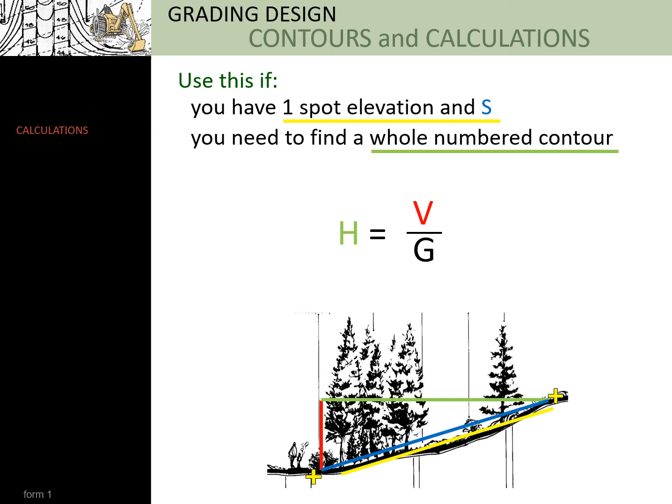Essentially, we know the elevation difference, V, between the known spot and the next whole numbered contour. We know the slope. Then we calculate the H based on V over G, and then on the plan, we measure that H out and know exactly where this whole numbered contour should be located on the plan.